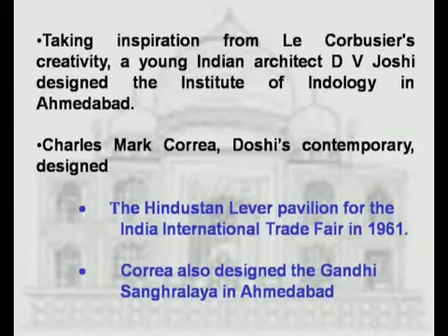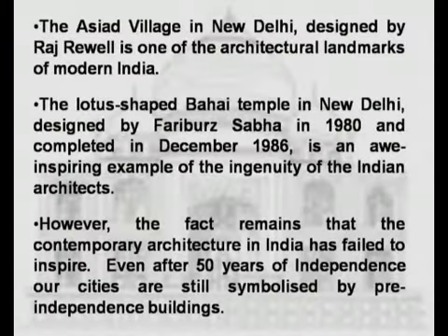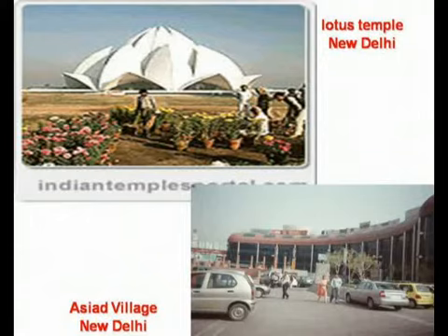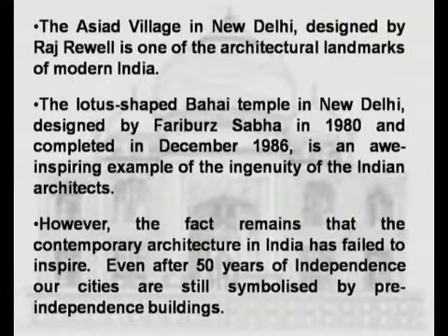Correa also designed the Gandhi Sangrahalaya in Ahmedabad as a tribute to Mahatma Gandhi. The Asiad Village in New Delhi, designed by Raj Rewal, is one of the architectural landmarks of modern India. The lotus-shaped Baha'i temple in New Delhi, designed by Fariburz Sahba in 1980 and completed in December 1986, is an awe-inspiring example of the ingenuity of the Indian architects.